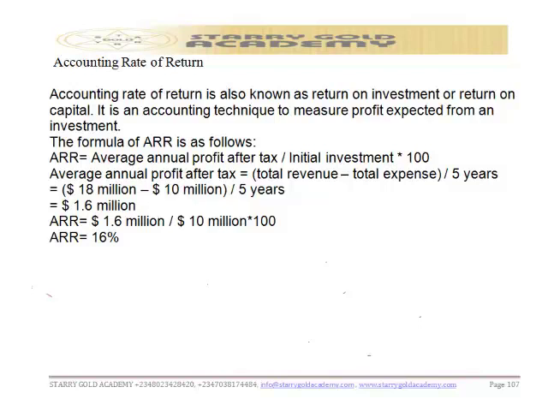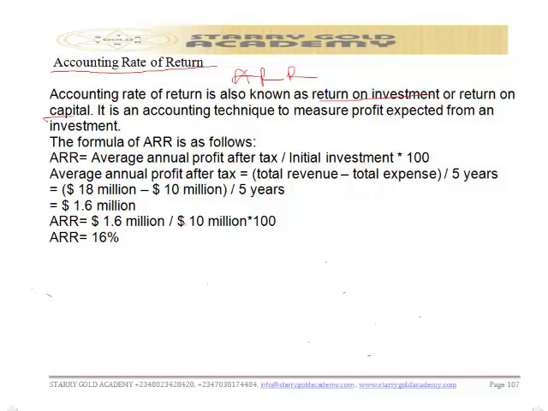The next technique in carrying out capital budgeting is what we refer to as accounting rate of return, ARR. It's also known as return on investment or return on capital employed. It's an accounting technique to measure profit expected from an investment.